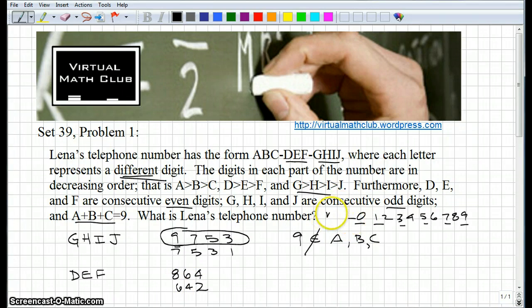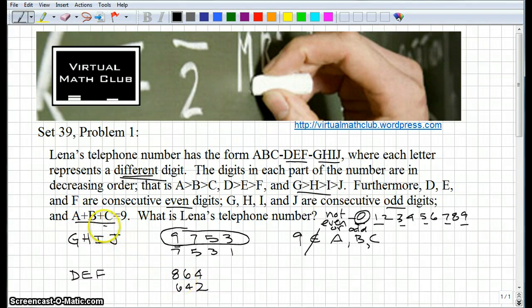That's a good thing to remember. 0 is a special number. So again, we got 2 possibilities here for D, E, and F. And so how do we choose between the 2?